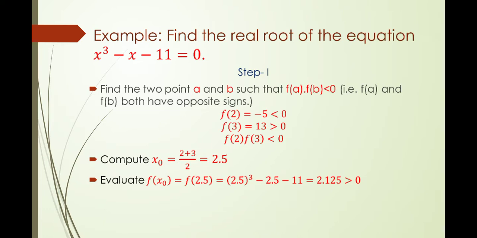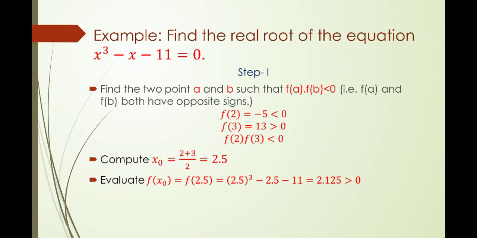So we take the average of 2 and 3, we get x0. So x0 is equal to 2 plus 3 upon 2 is equal to 2.5. Then evaluate f of x0, that is f of 2.5, which is equal to 2.125, greater than 0. We know the number of roots is equal to the degree of the equation.